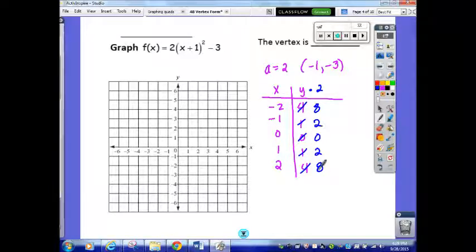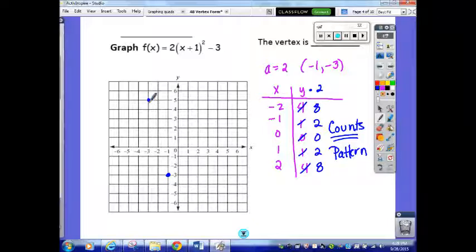However, this time my vertex has moved. My vertex now is at negative 1, negative 3. So this is where I'm going to start counting from. These are not points anymore, they're counts. It tells me my pattern, and that's the key to all of this. So from my vertex, I'm going to go left 2, up 8.